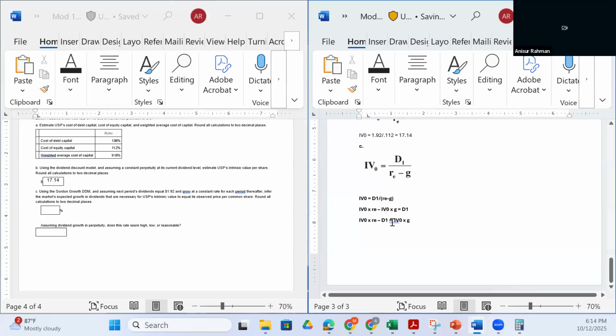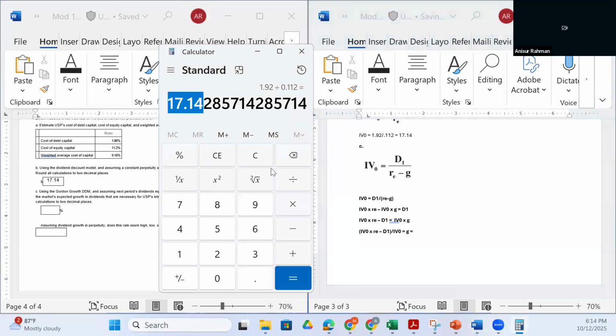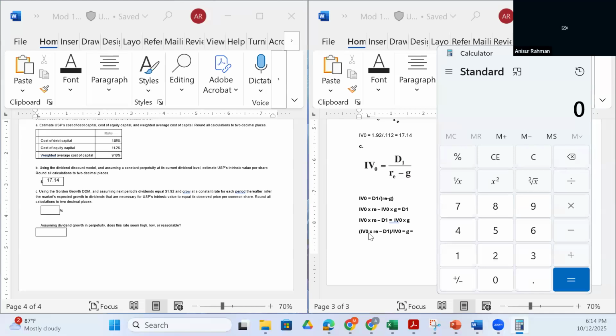Now we will divide both sides by IV0. So we don't know intrinsic value. Instead of intrinsic value, we are going to use market price.